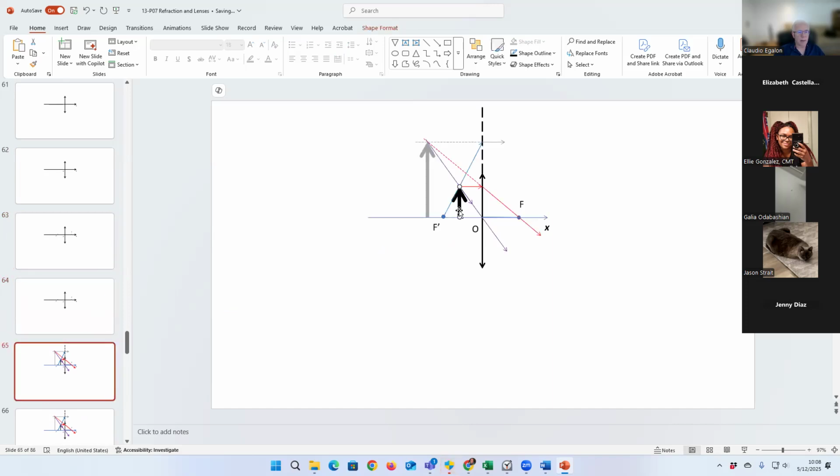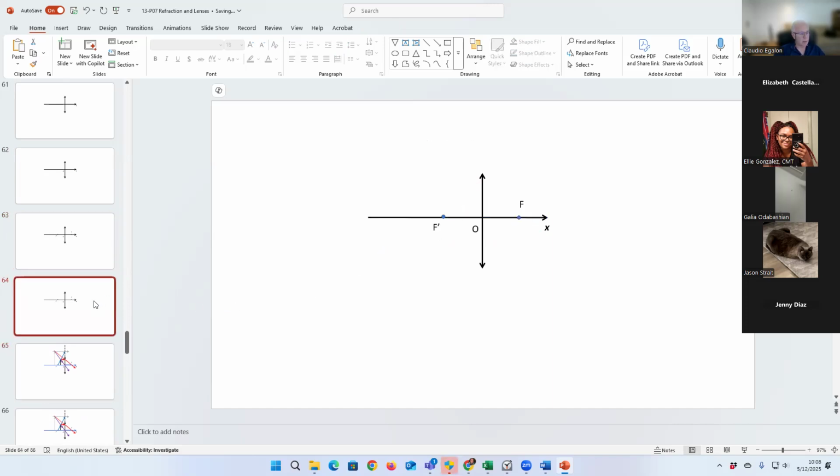Object between the front focal point and the lens. And we go ahead with light rays parallel to the axis.